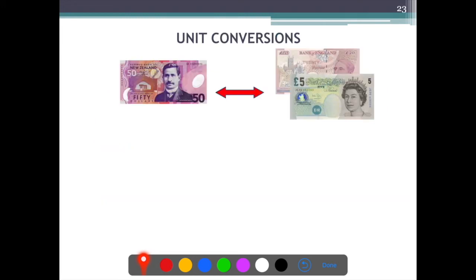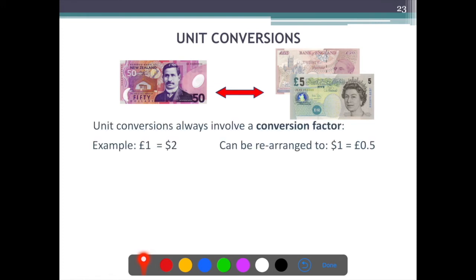And so the other skill that's very important in this course is unit conversion. Unit conversion is also, for example, when you want to convert money. How many British pounds are there in a certain amount of New Zealand dollars? Then you need to convert between New Zealand dollars and pounds.